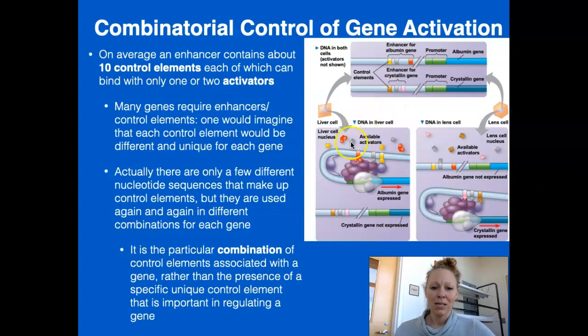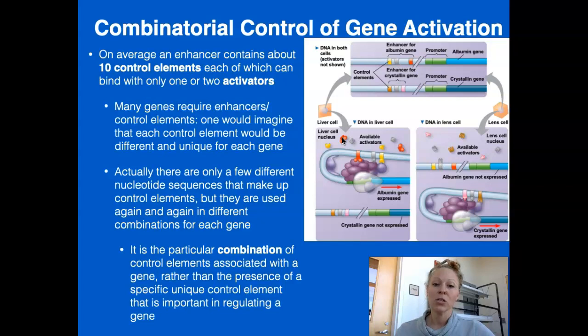It is also true of these activator proteins. We have a finite number of activator proteins, which can bind to one or two different control elements. When these are around, they're going to signal the expression of that gene. If they're not available, then that gene cannot be expressed.